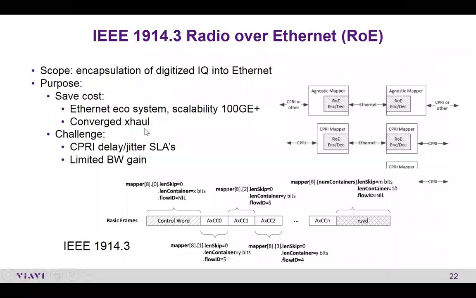You can bring Ethernet together with CPRI together with your backhaul. But still, RoE is not giving you huge relief in terms of bandwidth, and you still need to deal with the CPRI delay and jitter SLAs. This standard, 1914.3, is also approved, and it deals with how it's mapped. There are different mapping schemes, beyond the scope of the webinar today, but they are all in the standard available here to study.